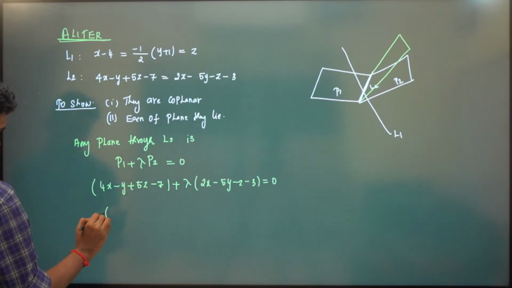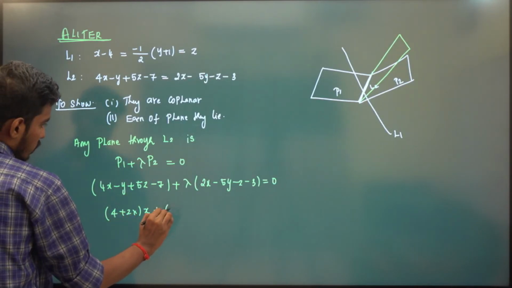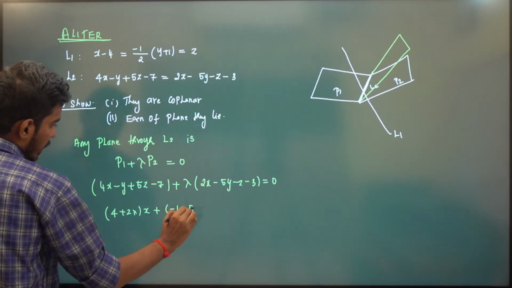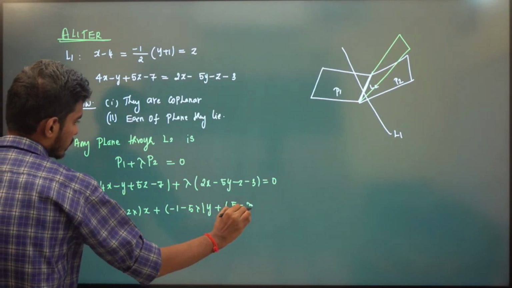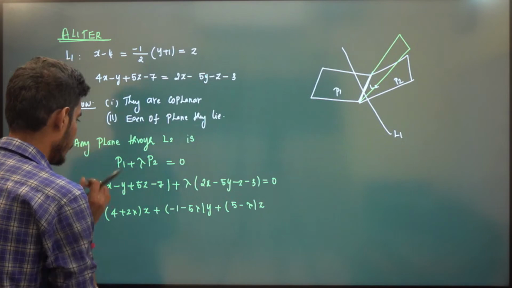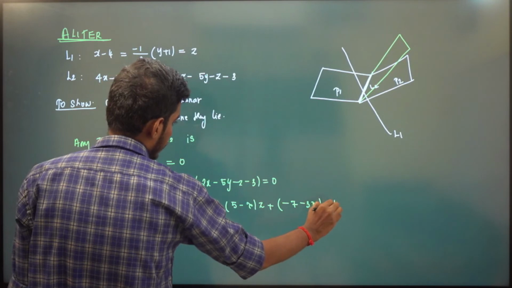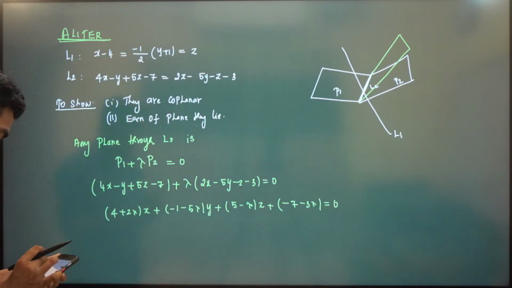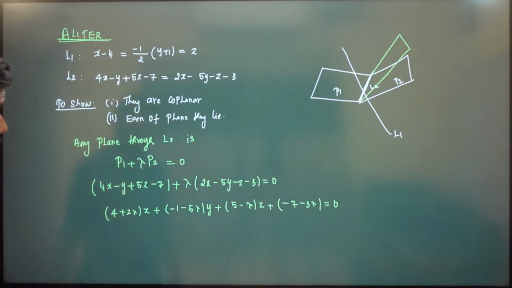So we have (4 plus 2 lambda) into x, minus (1 plus 5 lambda) into y, plus (5 minus lambda) into z, minus 7 minus 3 lambda is equal to 0. This is the equation of the plane right now. Is it clear up to now?